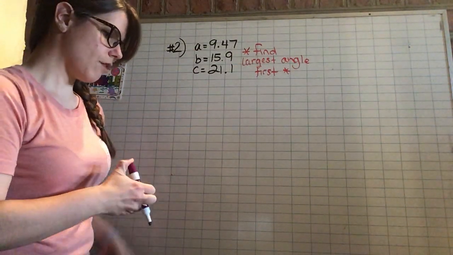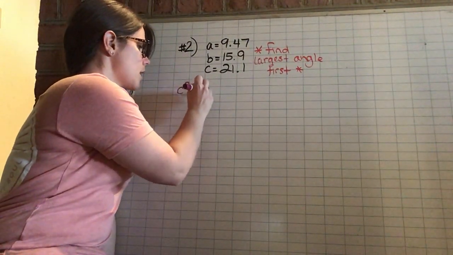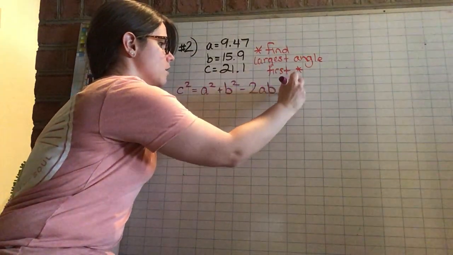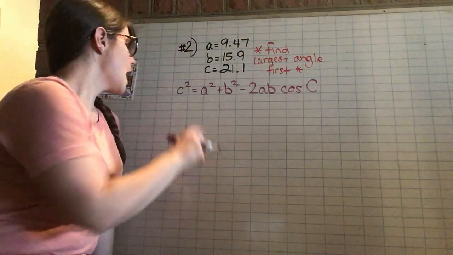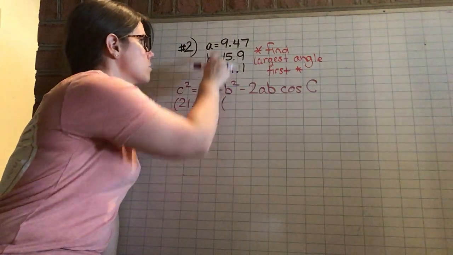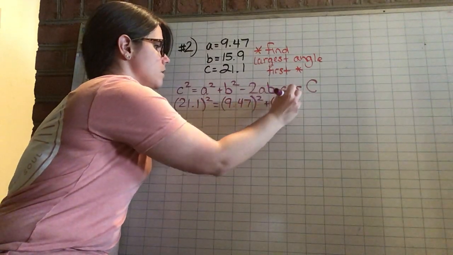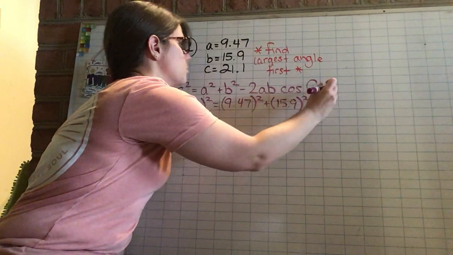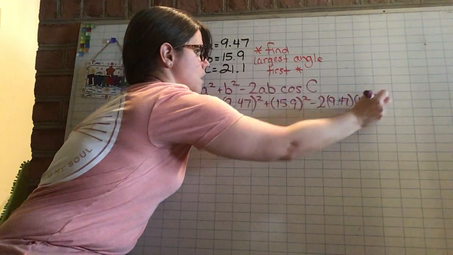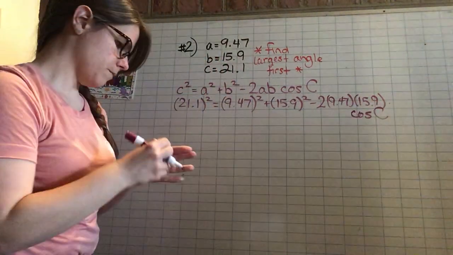So I'm going to use that third formula, and I'm going to start with c squared equals a squared plus b squared minus 2ab cosine C. So c squared is going to be this 21.1 squared equals 9.47 squared plus 15.9 squared minus 2 times 9.47 times 15.9, and then times cosine C.